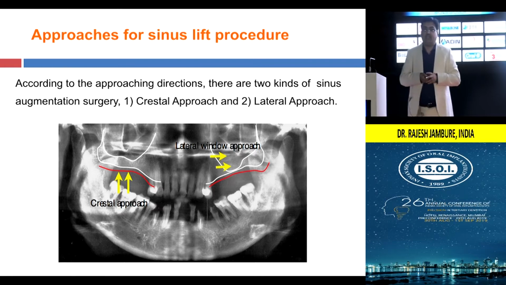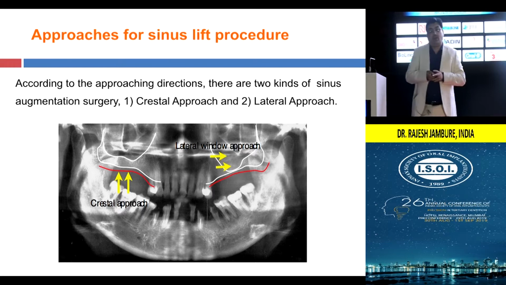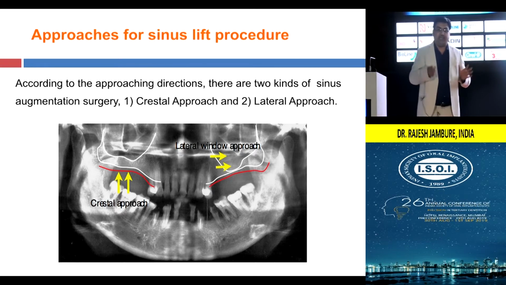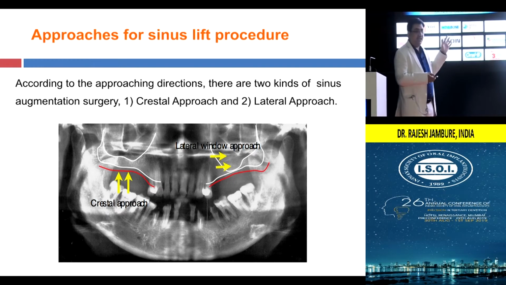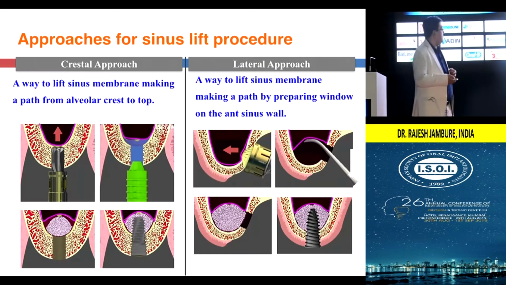Now when we think about approaches, particularly the crestal or lateral approach, these are only the surgical approaches. These are not actually the techniques. When we think about the crestal approach, it's through the crestal region.